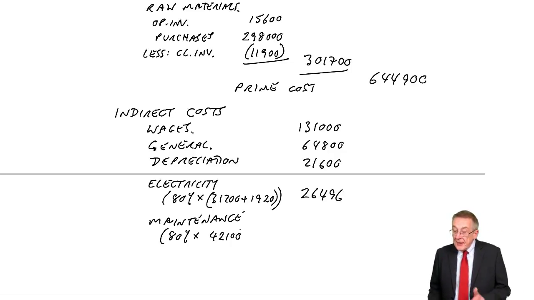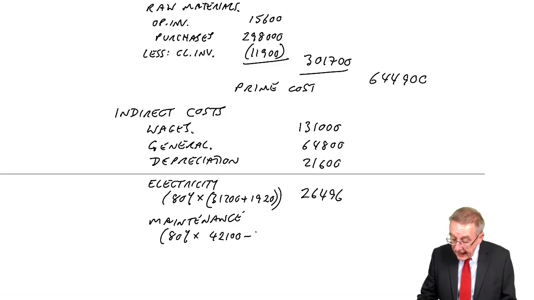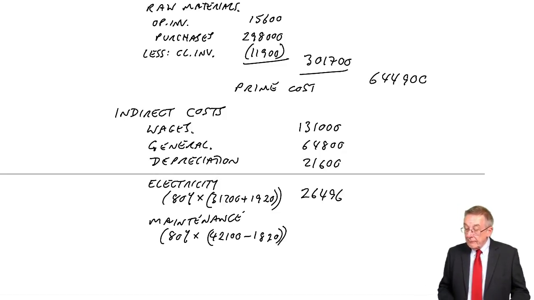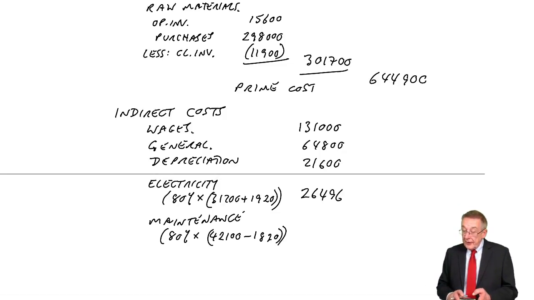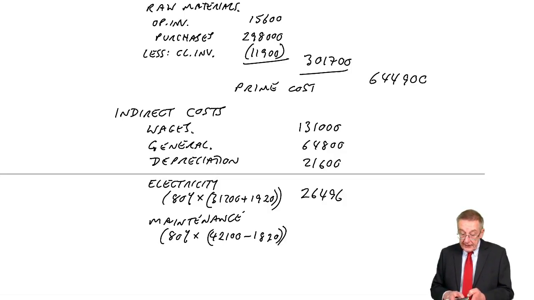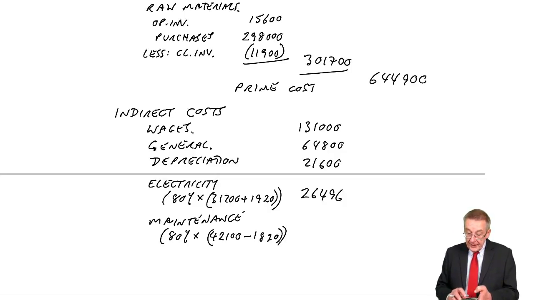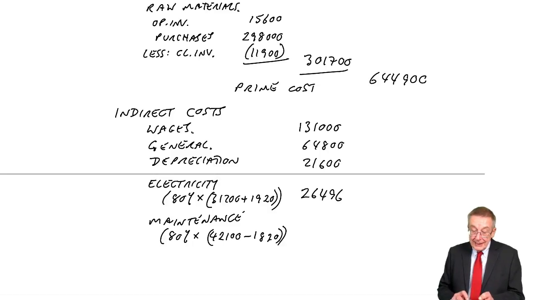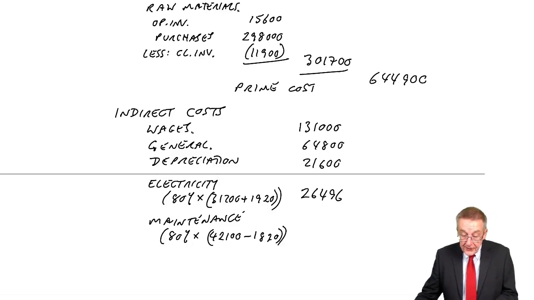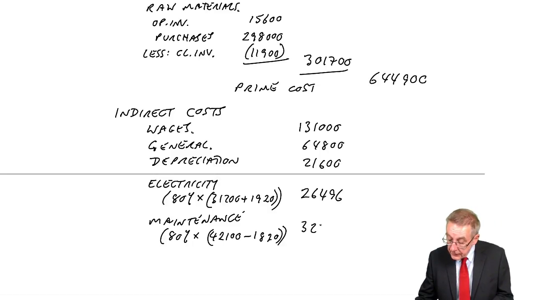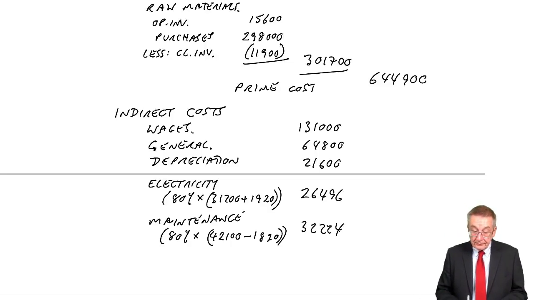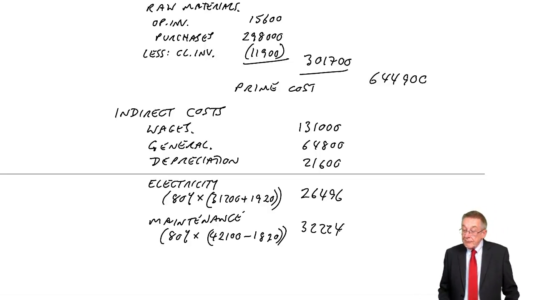So prepayment, the actual expense will be 1820 lower. And so the cost for the factory, 42,100 minus 1820, 80% is 32,224.